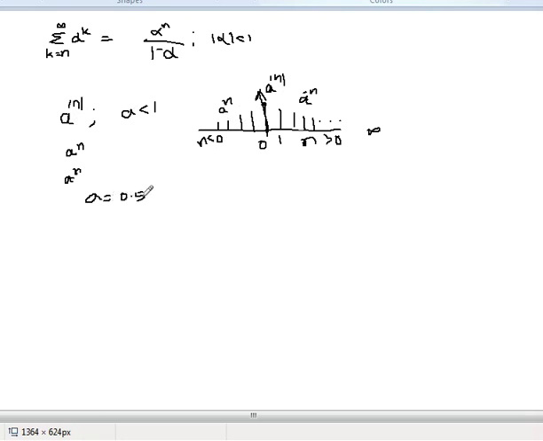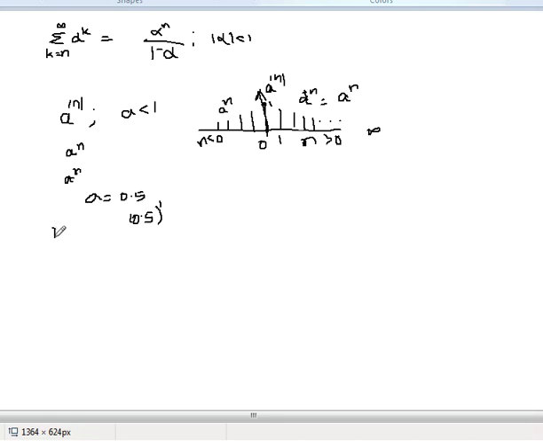When a is 0.5, then when n is 0, 0.5 raised to 0, we get 1. When n is equal to 1, then it is 0.5 raised to 1. So 0.5 raised to 1 will be 0.5, means it should not be minus, it should be plus. So a to the power n is the signal.